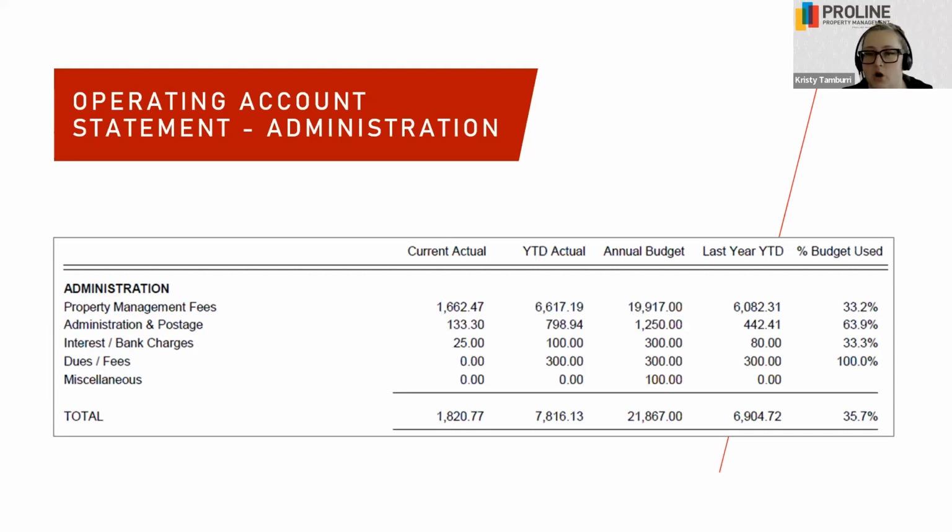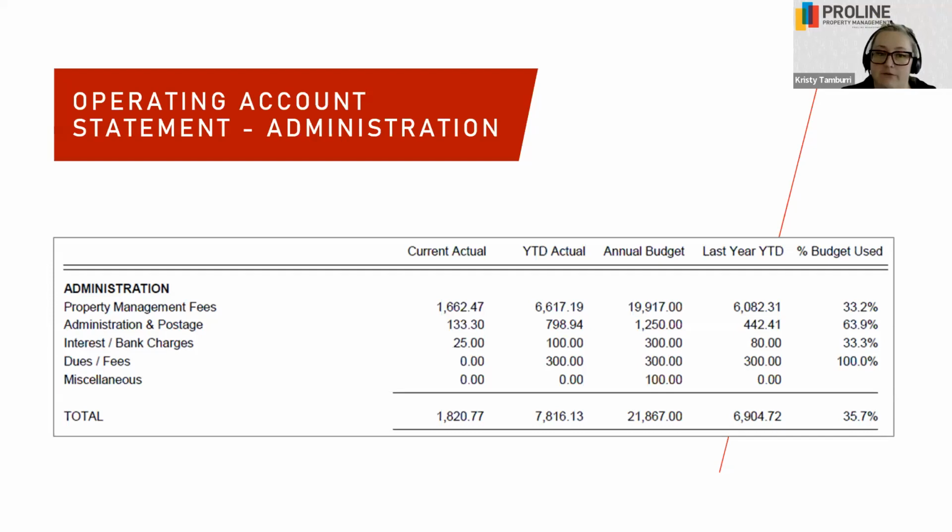So that's your costs for printing, scanning, duplication, sending mail out. There may be some office supplies depending on the structure of your strata corporation. And then we have interest bank charges. And so that's the $25 fee for the BMO account.